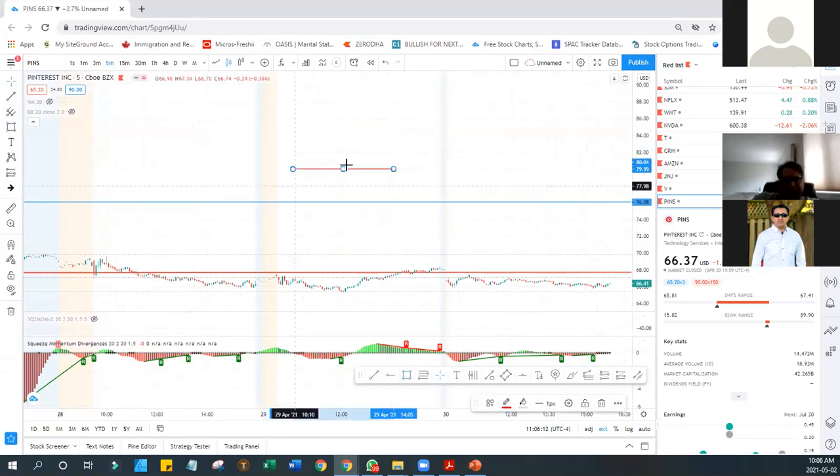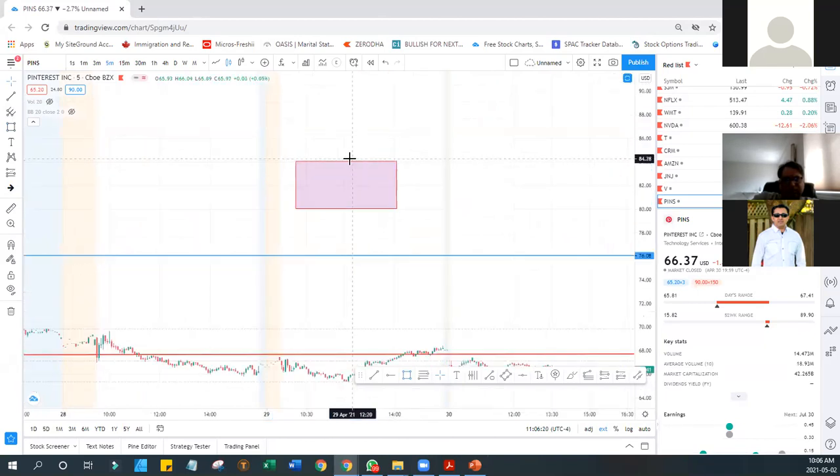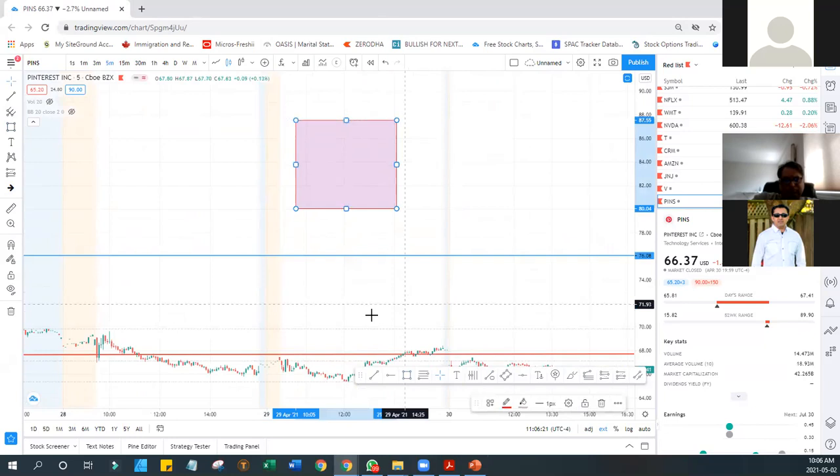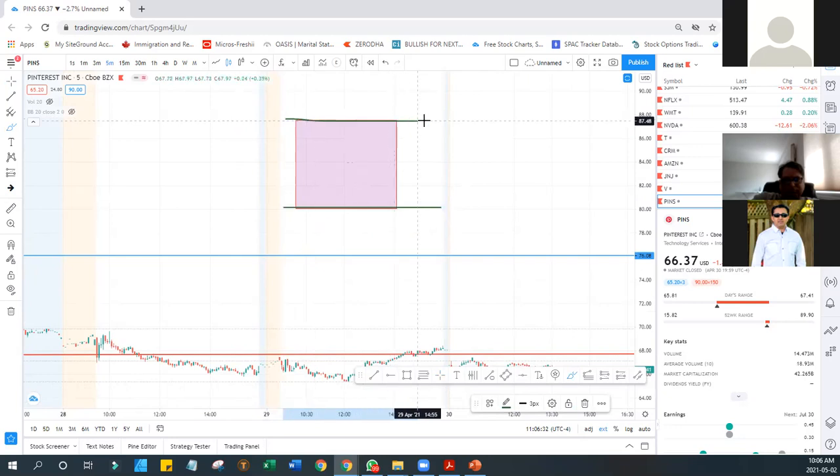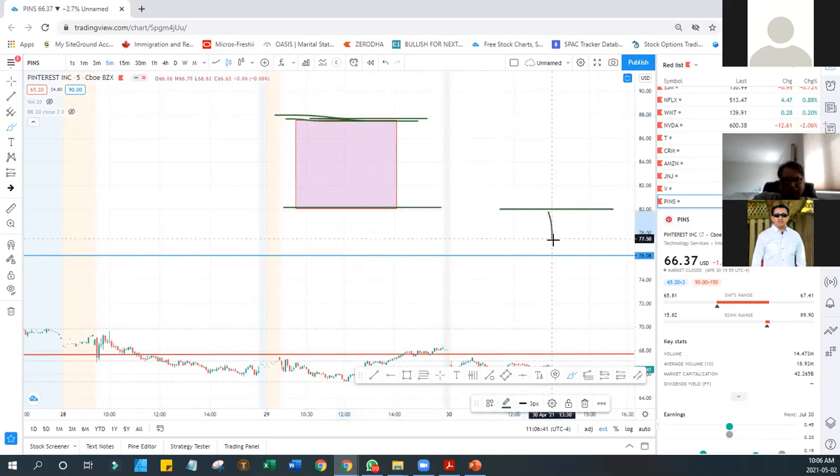Okay, if this is a green candle, for example, it will open from here at the bottom, go all the way to the top and close here. Sometimes the candle opens here, comes down, then goes up, and closes here.